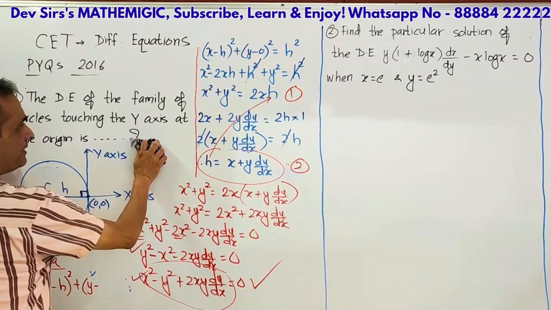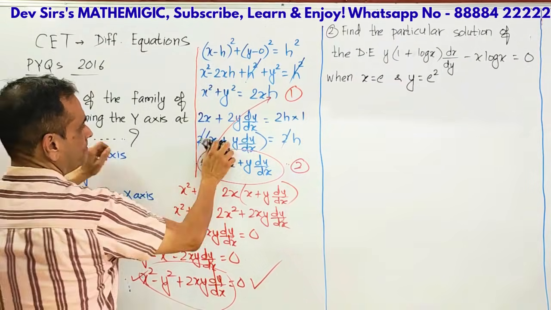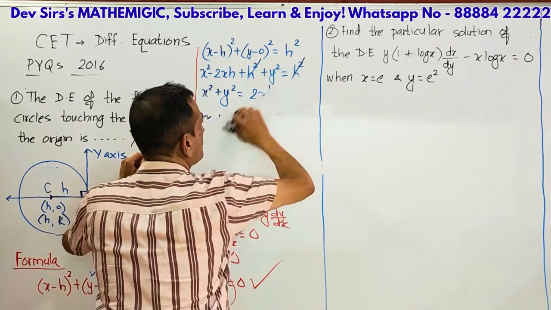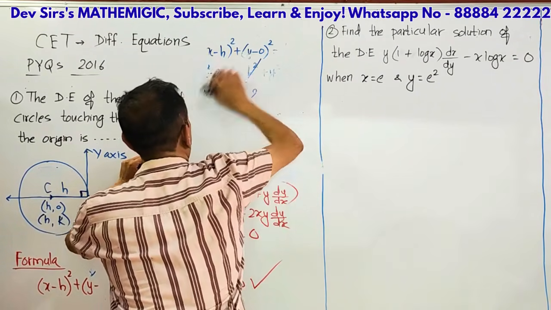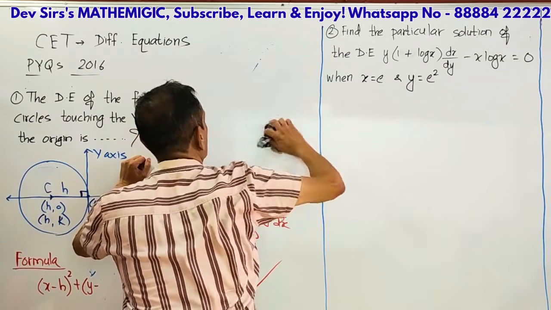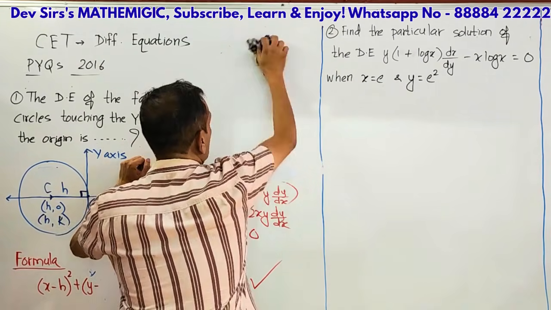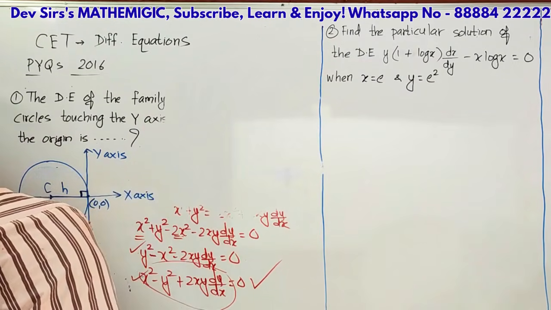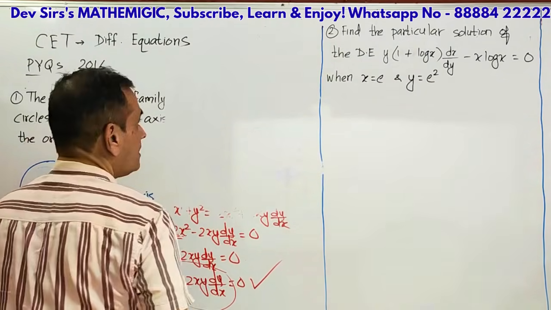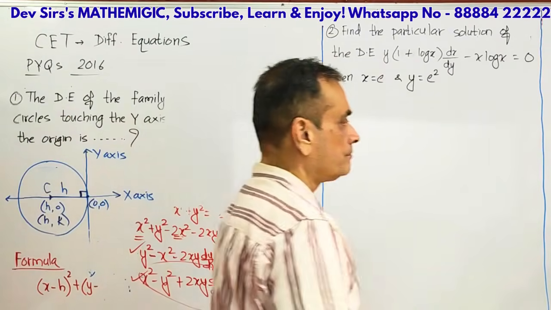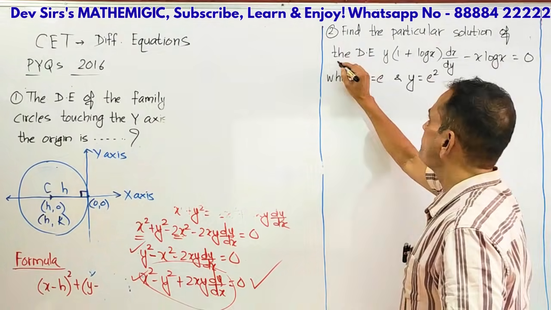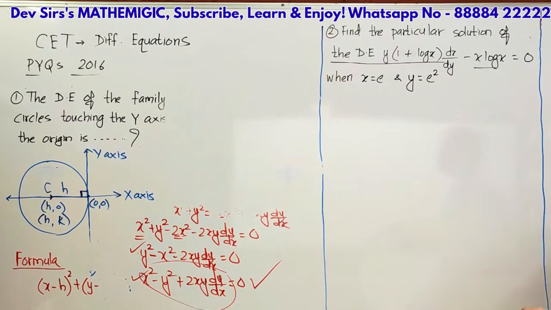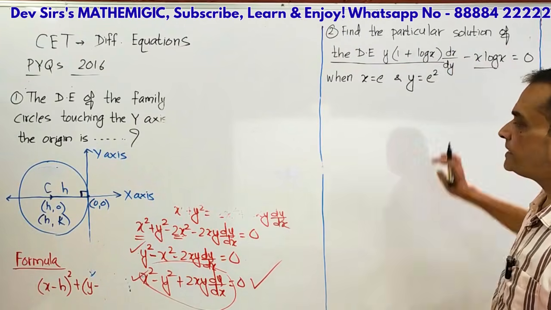Just note down the problem. Given dE, this is the differential equation because dx by dy is present in that.